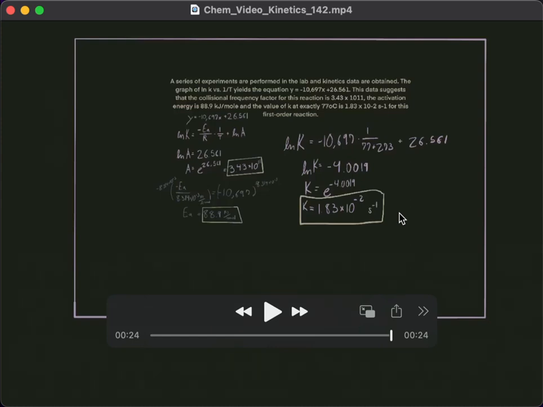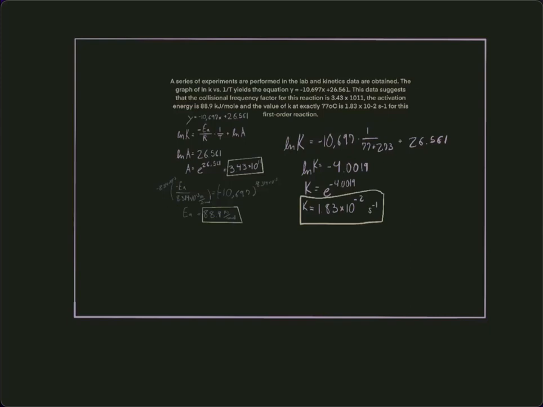So we can say that A is unitless because it is just a collisional frequency factor. We have EA, activation energy, in kilojoules per mole, and we have K in 1 over seconds.